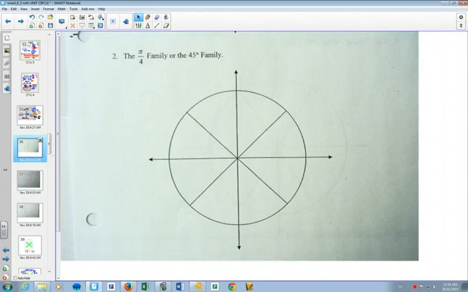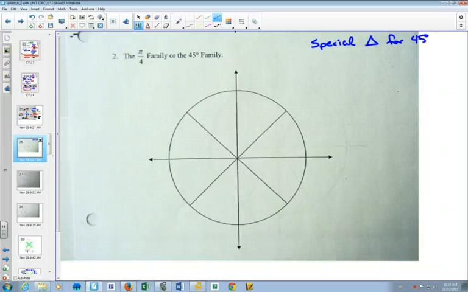Now you have a little bit of space in between your two circles. In that space, we're going to write the special triangle for 45 degrees or pi over 4.